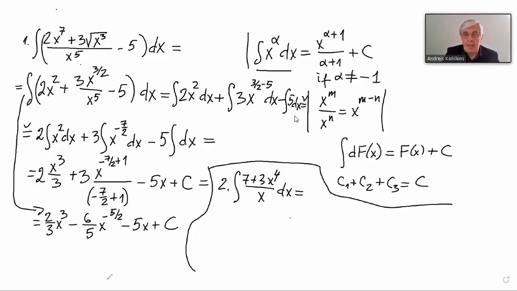And the third example from the list that is shown in the notes is the following. If you open your table of integrals, you will not find such an integral in the table.